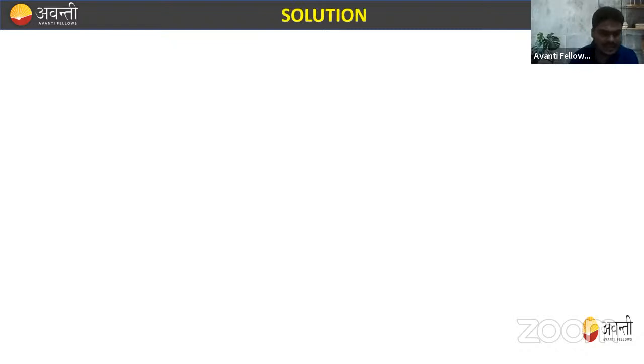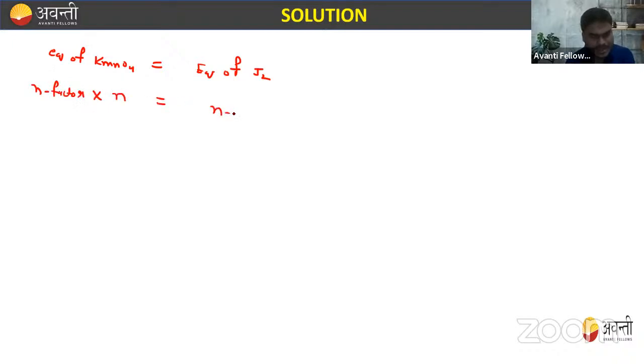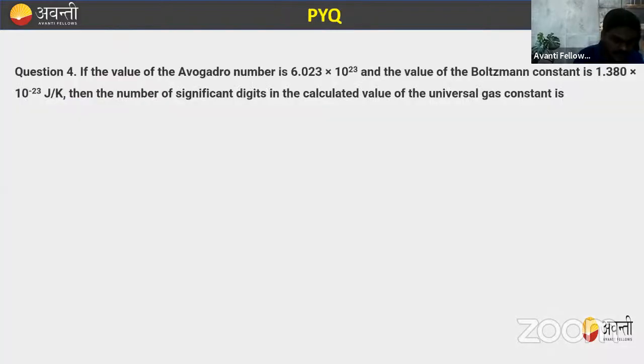Now we can write that the equivalent of KMnO4 is equal to the equivalent of I2. So what is the equivalent of KMnO4? That is N factor multiplied by the number of moles. Here also N factor multiplied by the number of moles.